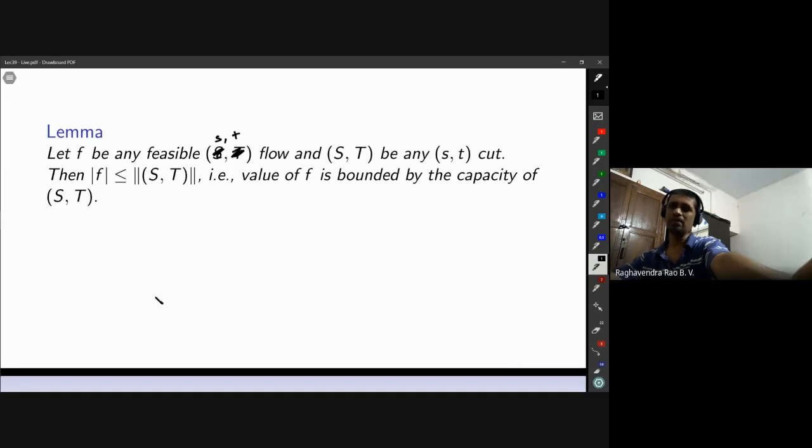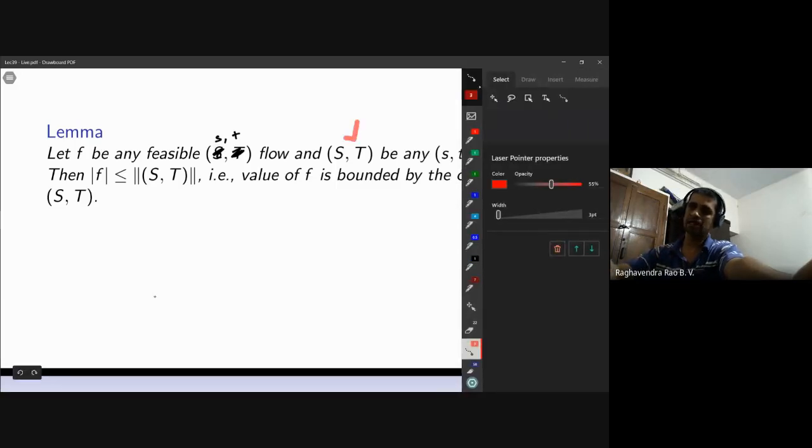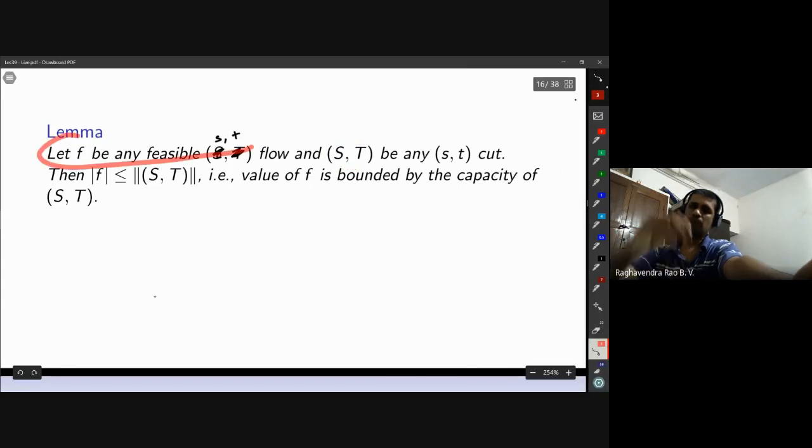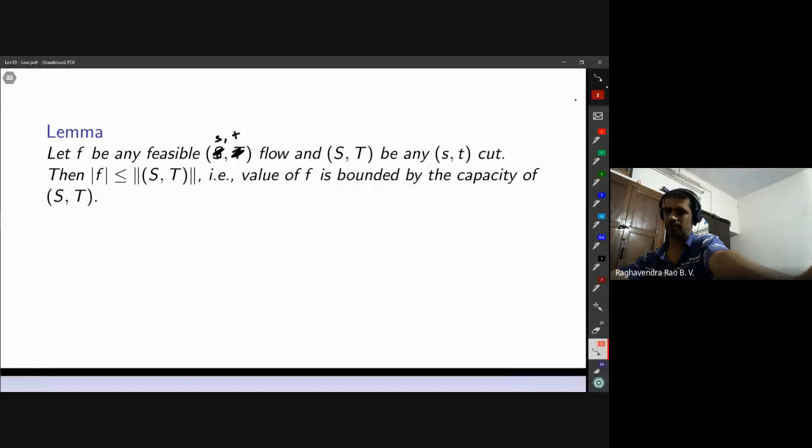So what does it mean? I didn't say anything about the cut. I didn't say that this is a minimum cut, nor did I say anything about the flow. The only condition is that the flow should be feasible, and the cut should be a cut. What does it immediately give us? Now we can maximize.